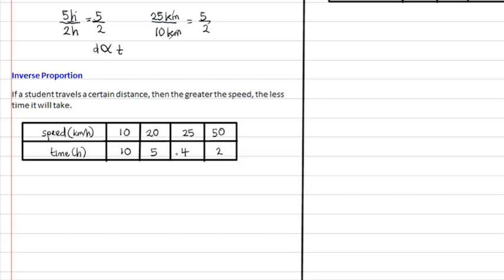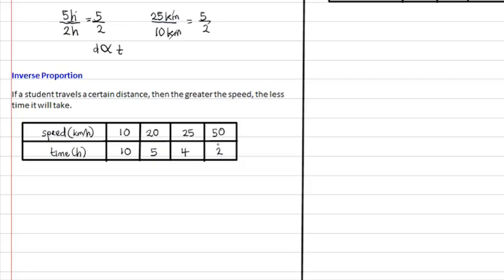As you can see, the speeds are doubling, and the time is reducing. If you notice, the speed doubled from 25 to 50, and the time halved to 2.